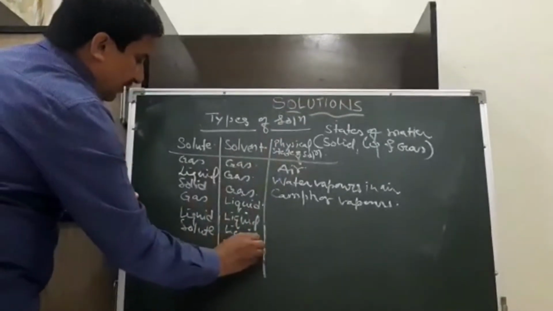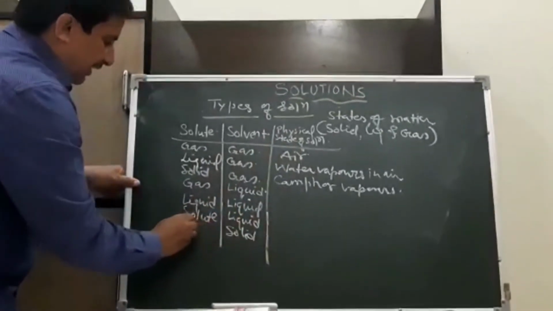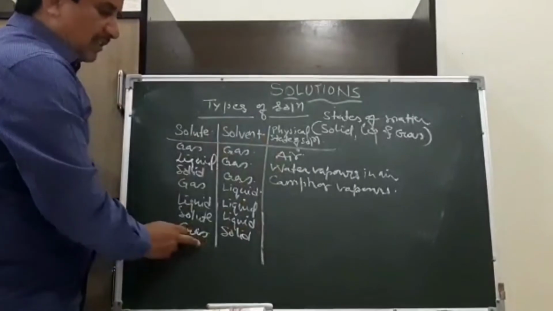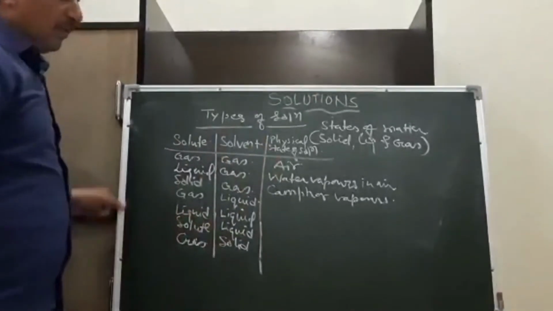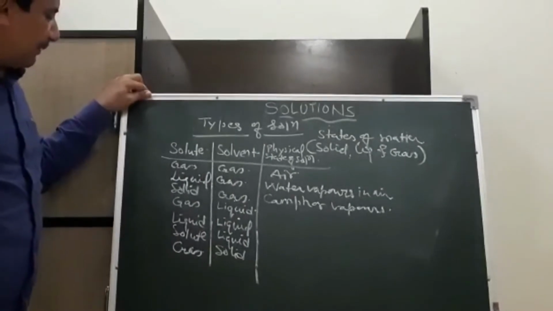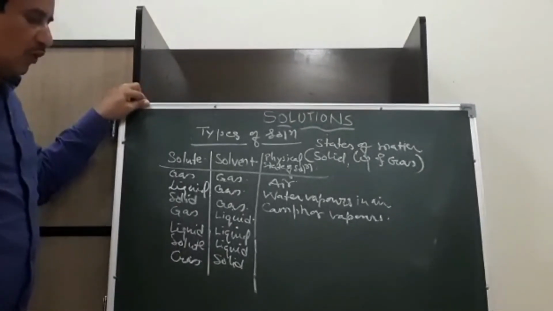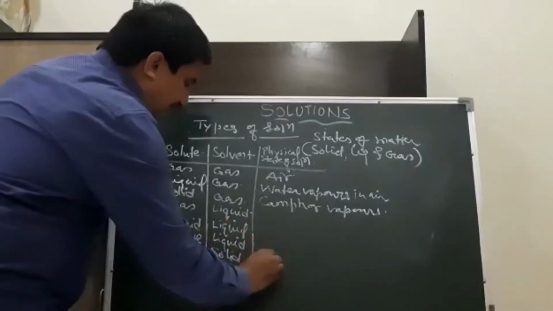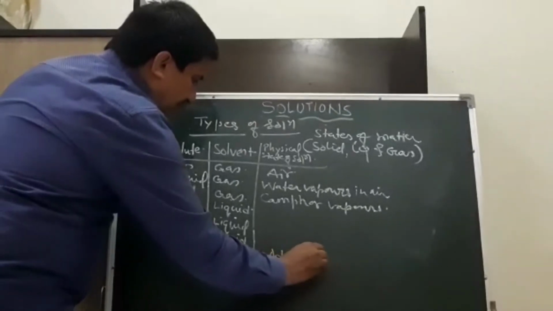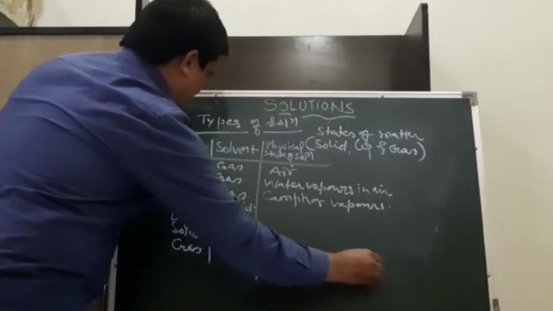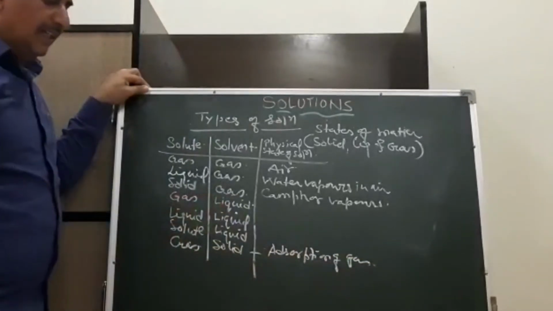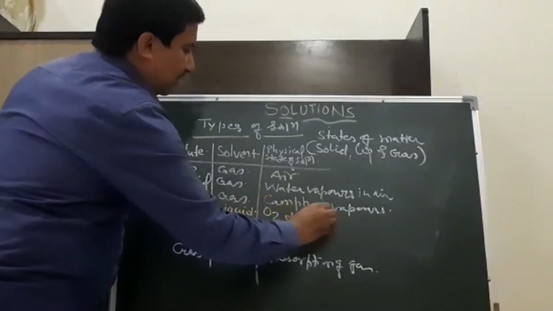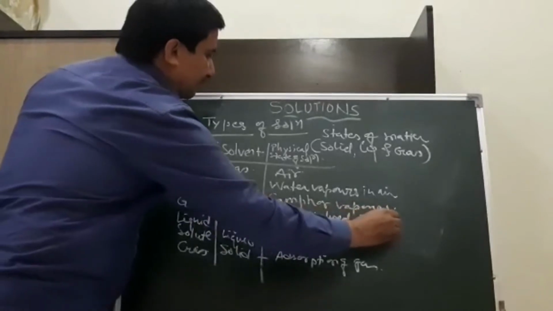Solid state is still left. We write solid as solvent in which the solute gas is adsorbed, for example, adsorption of gases over palladium. Gas in liquid is very simple: O2 dissolved in water.